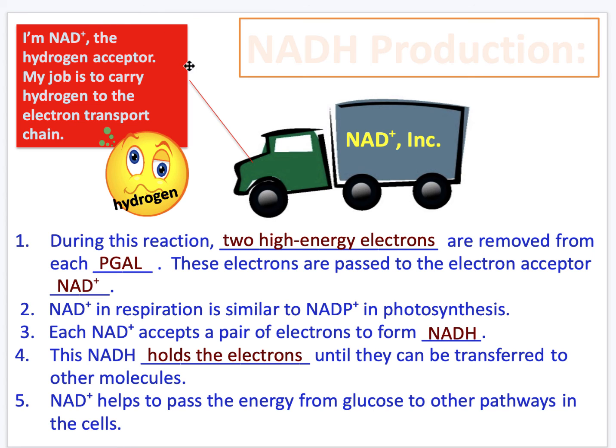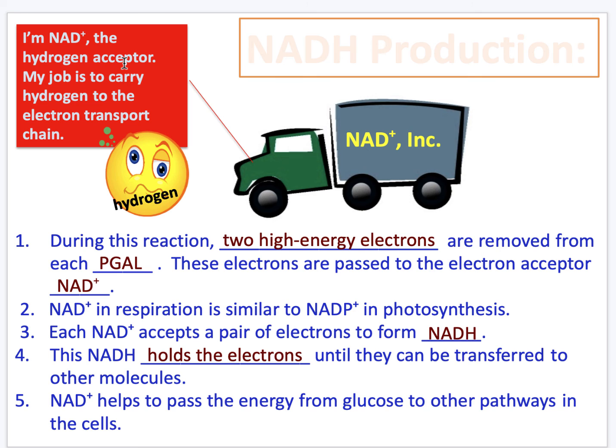All right, let's see. All right, so this part, you're not going to be responsible for knowing really. But I'm just going to go ahead and make sure you fill in your slides anyway. This says, I am NAD, the hydrogen acceptor.